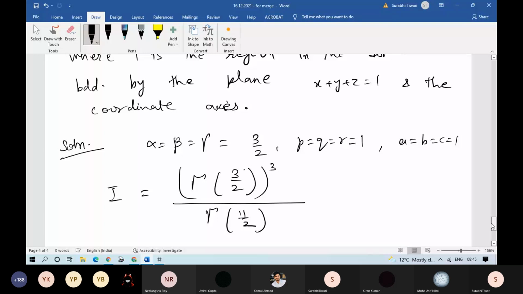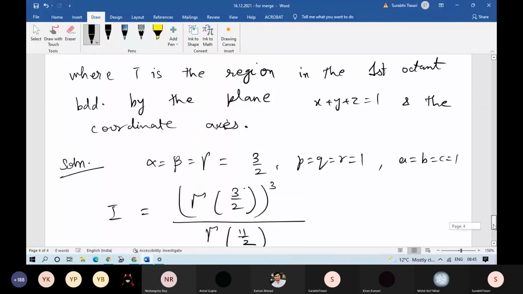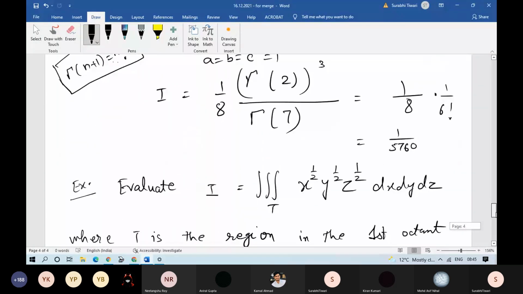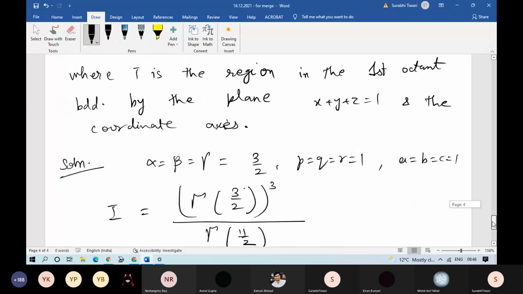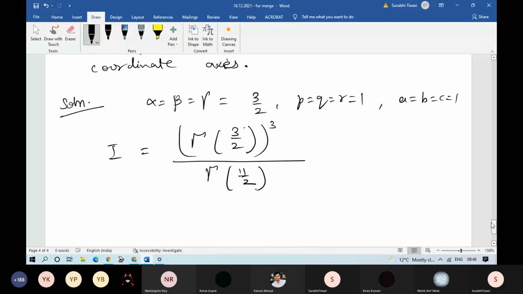So this was when n was an integer. Now when n is not an integer, of this form, gamma alpha is equal to alpha gamma alpha. And gamma half is equal to under root of pi.